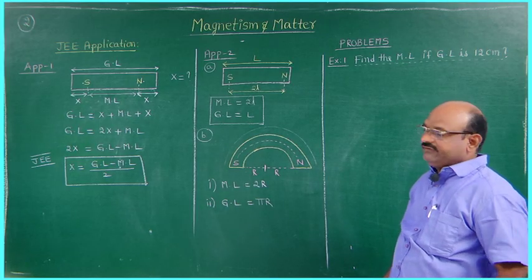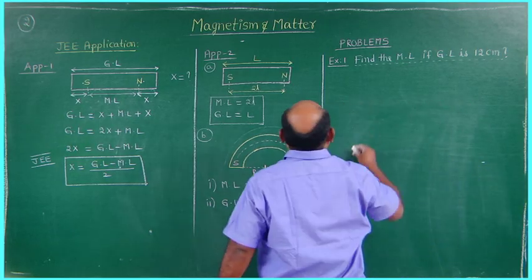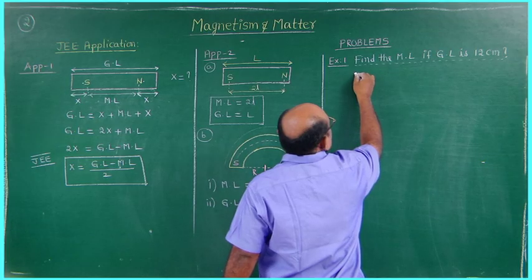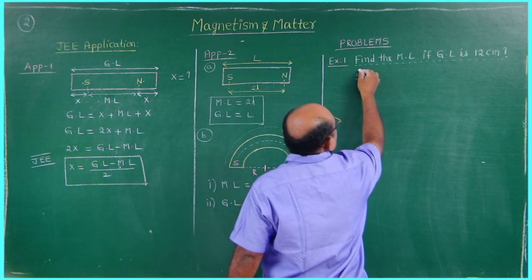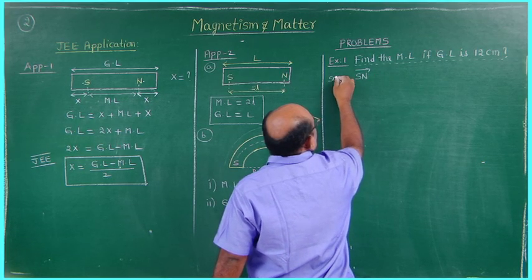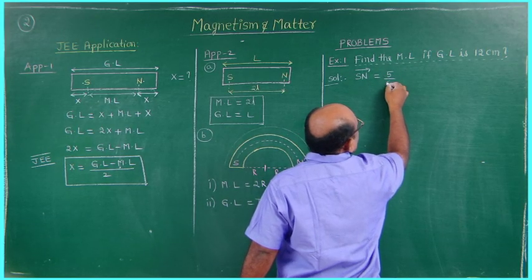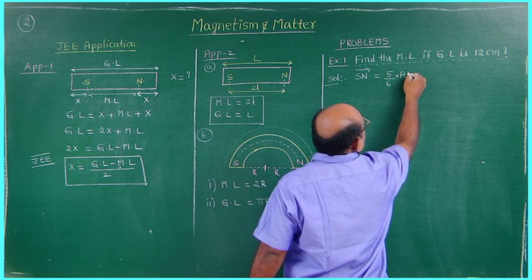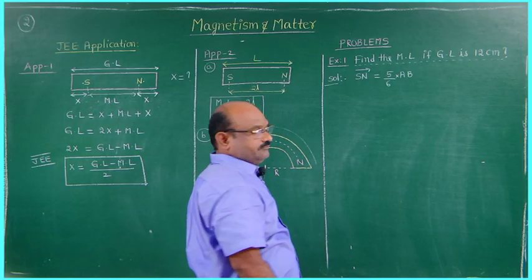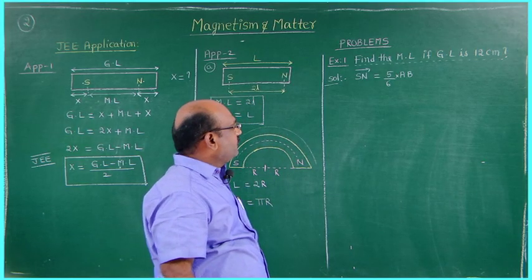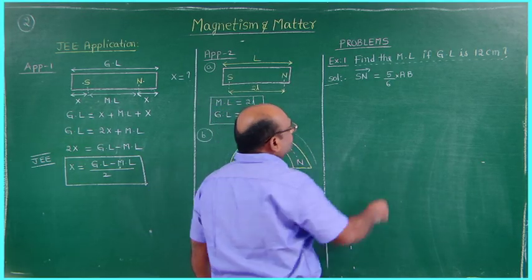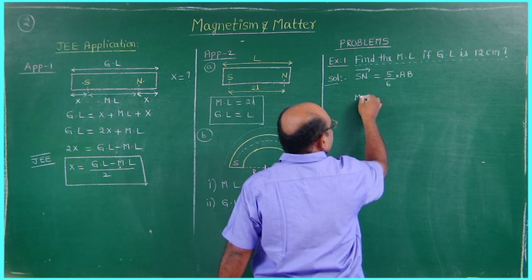We know the relation between magnetic length and geometric length. That is, Sn bar is equal to 5 by 6 times the geometric length AB. Sn bar is nothing but the magnetic length.